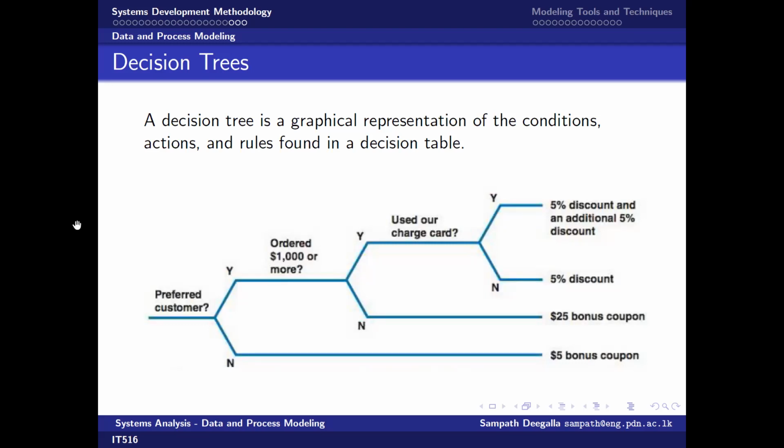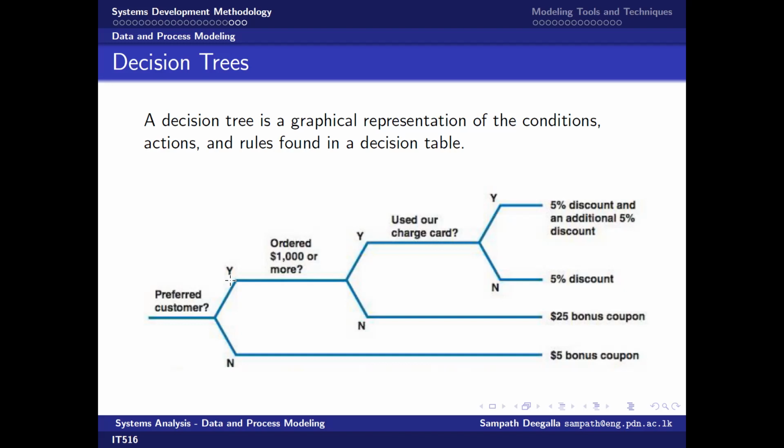Now, for example, if our customer ordered 1,000 or more, we have a preferred customer, then ordered 1,000 or more, right?